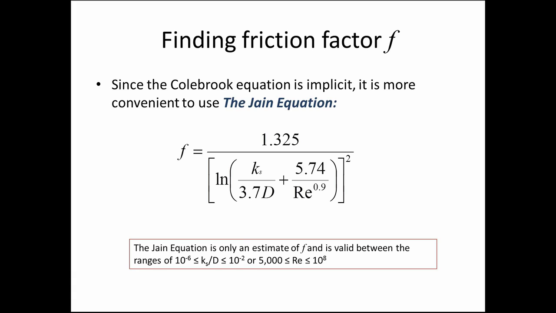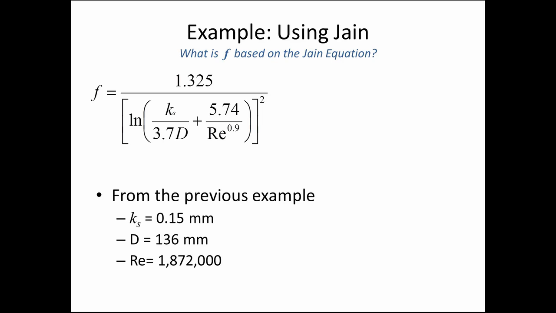The Jain equation says that as long as the relative roughness, K sub S divided by D, is between 10 to the minus 6 and 10 to the minus 2, and the Reynolds number is between 5,000 and 10 to the 8th, then we'll get a good estimate of the F value. Let's try it out. Let's substitute the same values from the previous example into the Jain equation using a pencast.